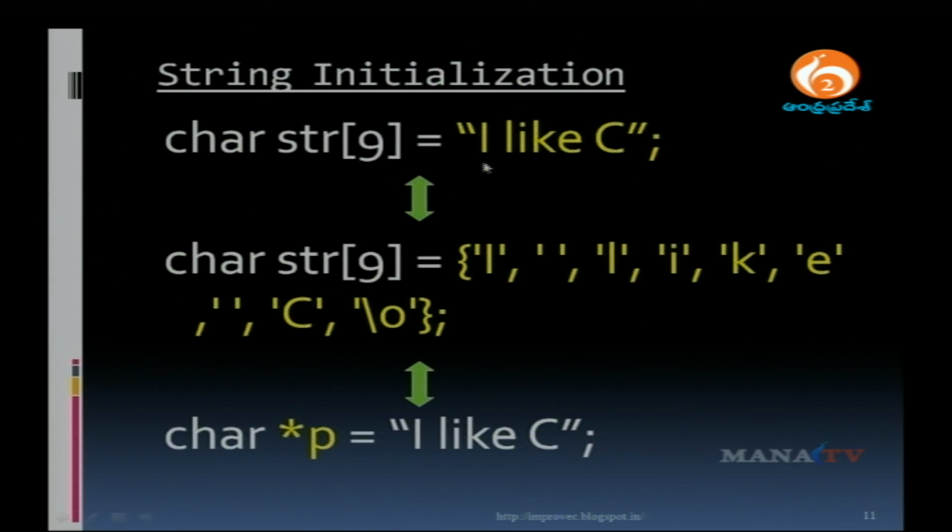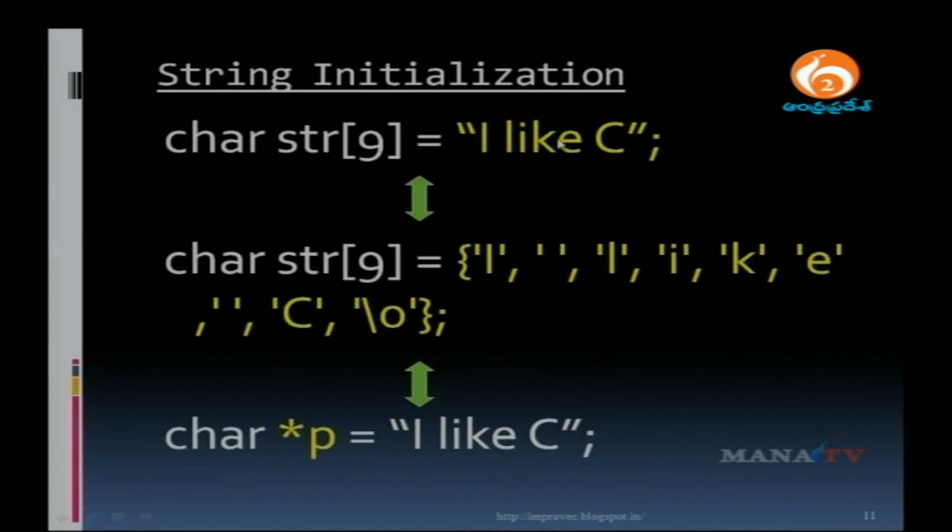But if you want to write an entire sentence, you can write it using double quotes, ending with a semicolon. Within the double quotes you can write any text that is treated as a string, but the size should be the same. Here, "I like C".